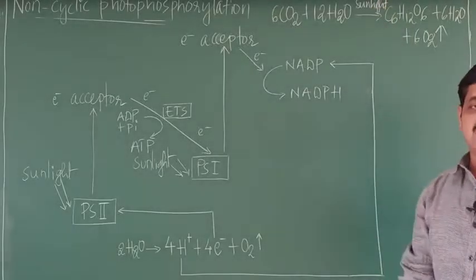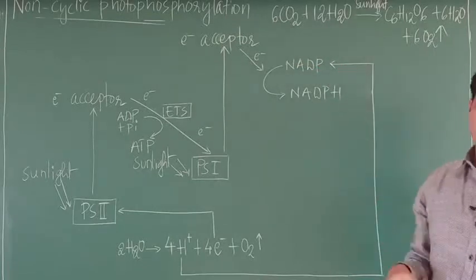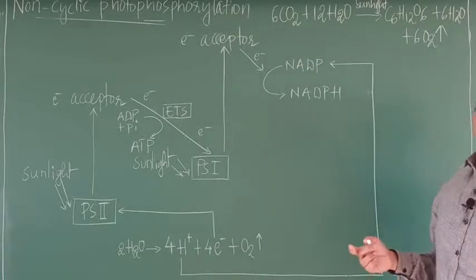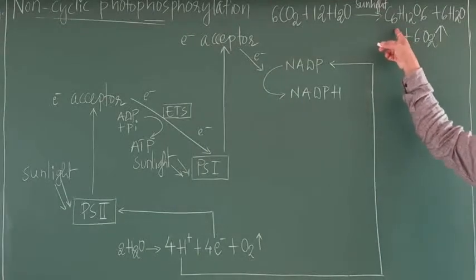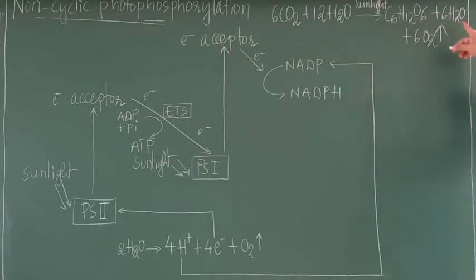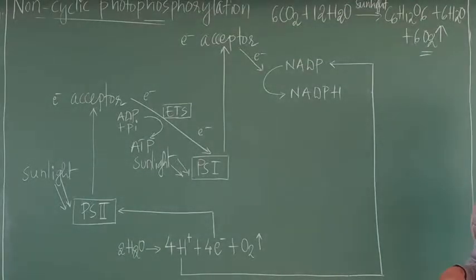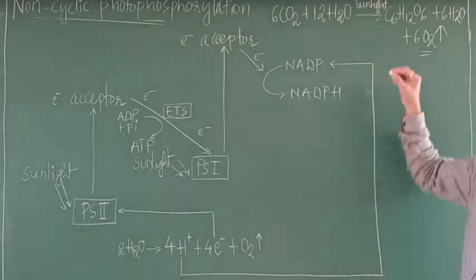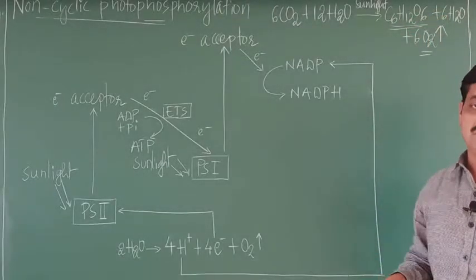So this is the general reaction of photosynthesis. 6 CO2 plus 12 H2O in the presence of sunlight and with the help of chlorophyll. One molecule of glucose is produced, along with 6 H2O and 6 O2. This oxygen is produced during light reaction, whereas carbohydrates like glucose are produced in dark reaction.